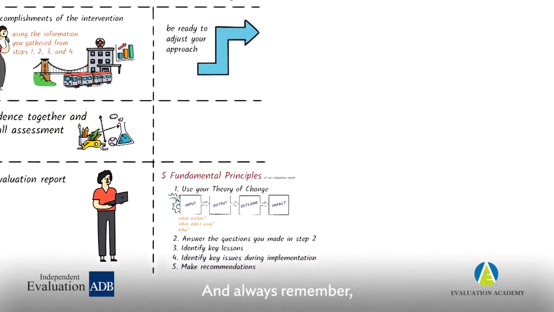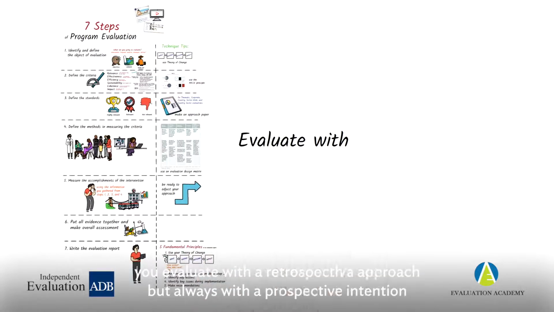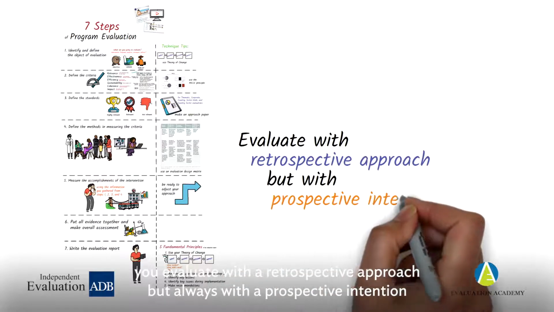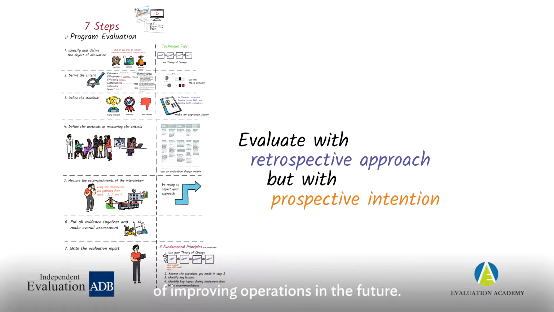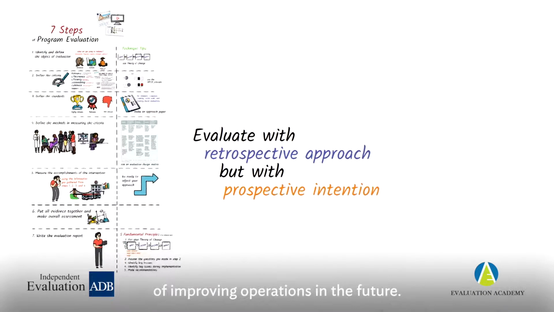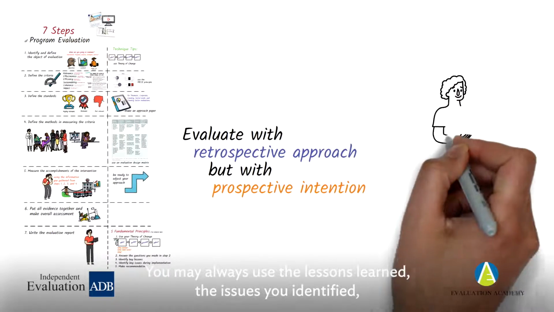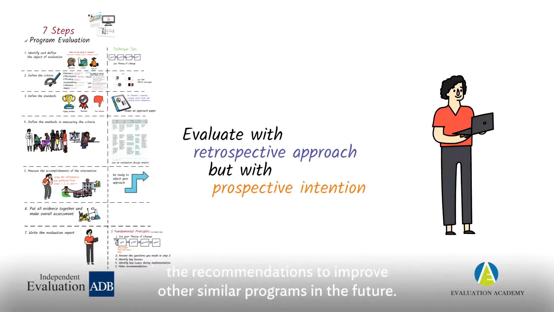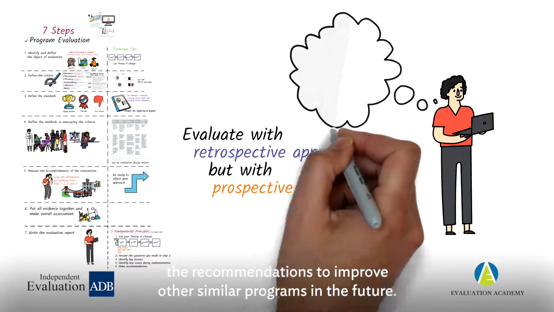And always remember, you evaluate with a retrospective approach, but always with a prospective intention of improving operations in the future. You may always use the lessons learned, the issues you identify, and the recommendations to improve other similar programs in the future.